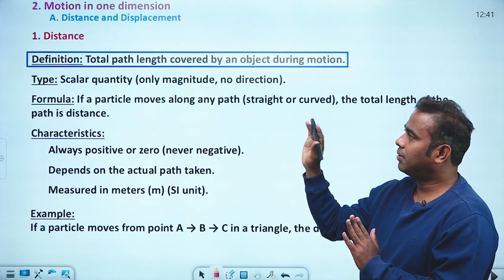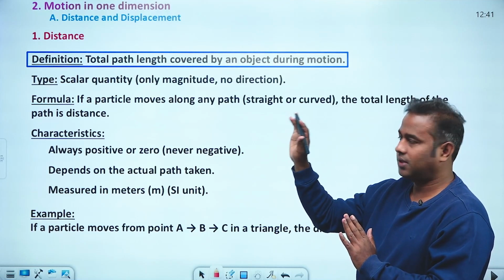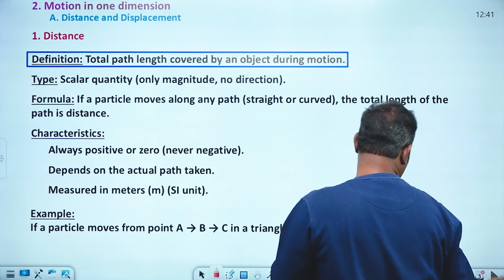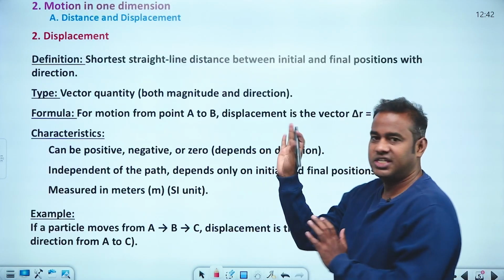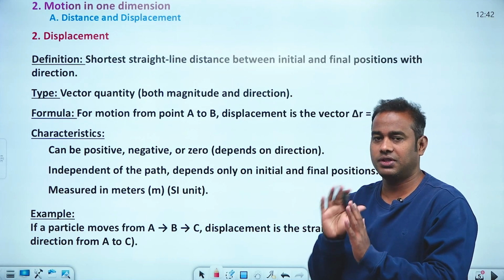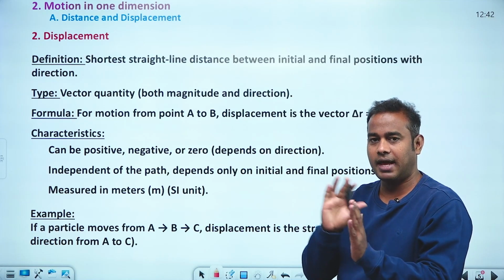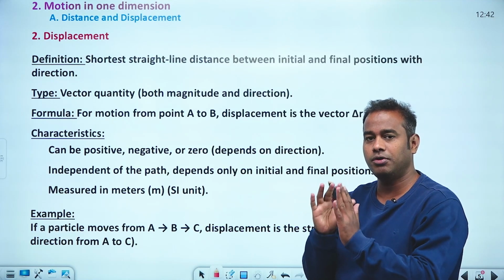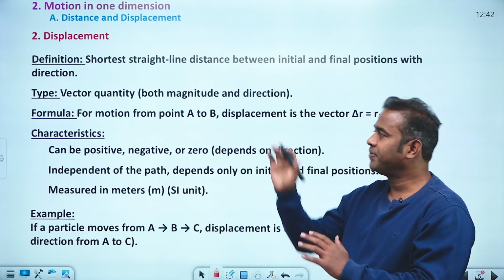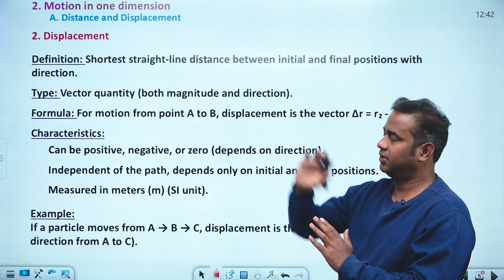Now, let us understand this same distance definition with the displacement. Most of the students have doubts with distance and displacement. That's the reason why I'm giving the comparison even before explaining the details. So what is displacement?